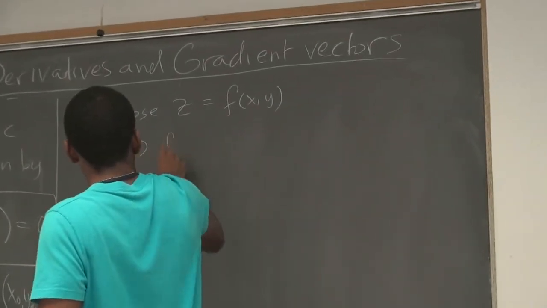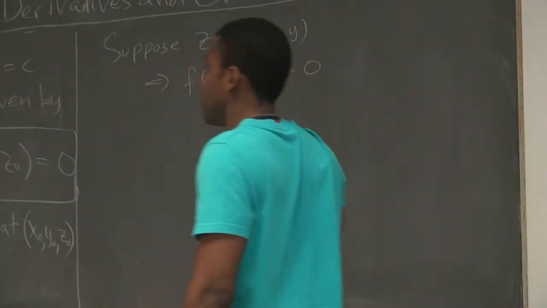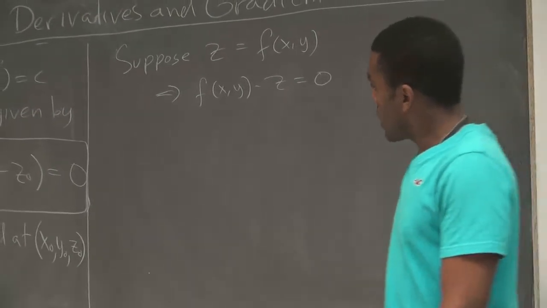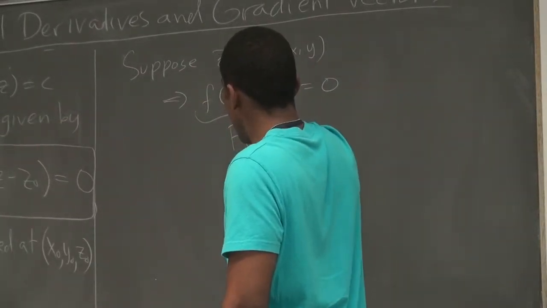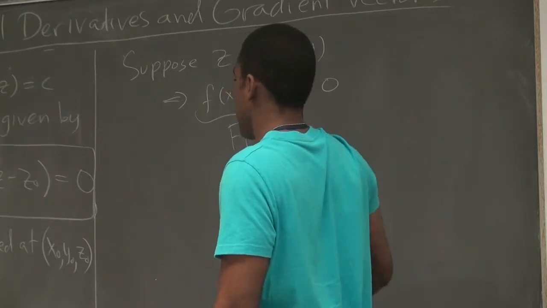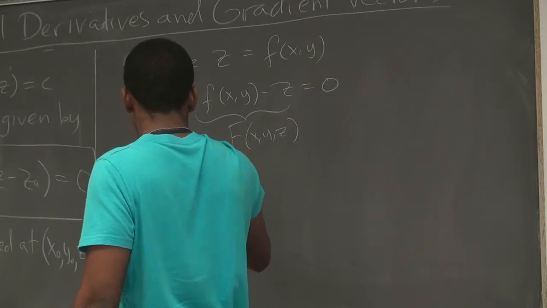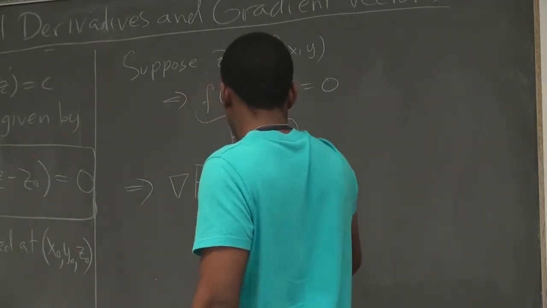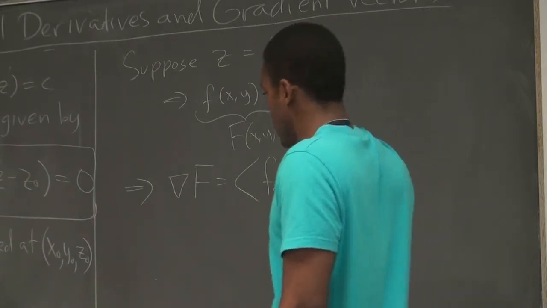This means you can take f(x, y) minus z equals 0, and take this to be your big F of x, y, z. This means that your gradient of F would be partial with respect to x, partial with respect to y, and then this would be minus 1.